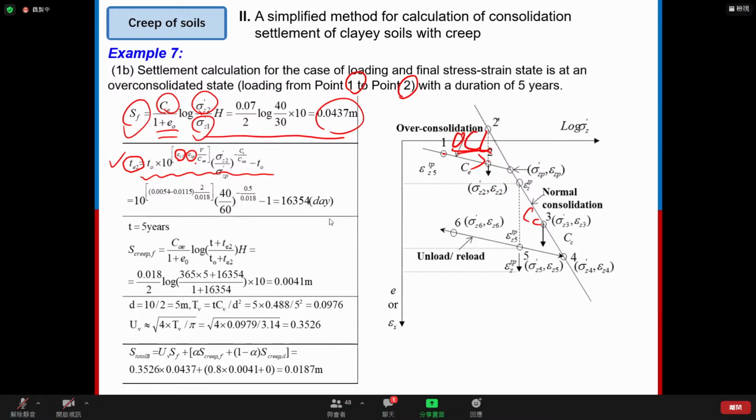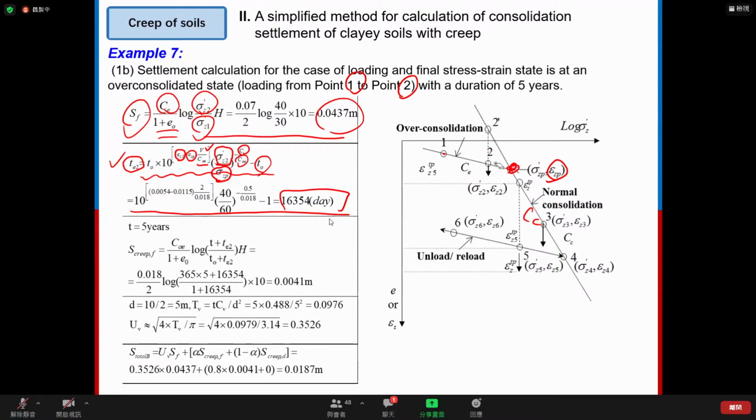Epsilon ZP is the strain at the pre-consolidation stress state, and the specific volume, C alpha E, the effective stress state for point 2, the pre-consolidation stress, CC, C alpha E, T0. We have the values for all the parameters already, so we just put them in and calculate. A very large number of days.